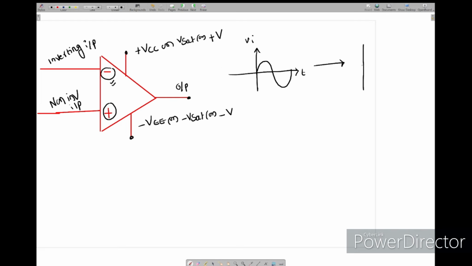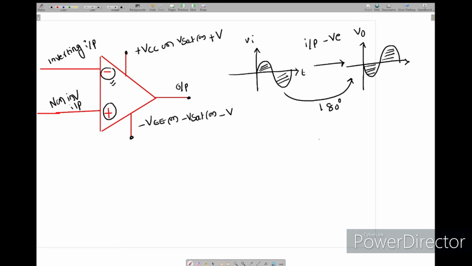What I get is that the input at the negative terminal is inverted by 180 degrees at the output. The positive portion is coming out negative, and the negative portion is coming out positive. So from input to output we got a 180 degree phase shift. That's why we call this input inverting. Whatever portion we give, it comes out inverted.